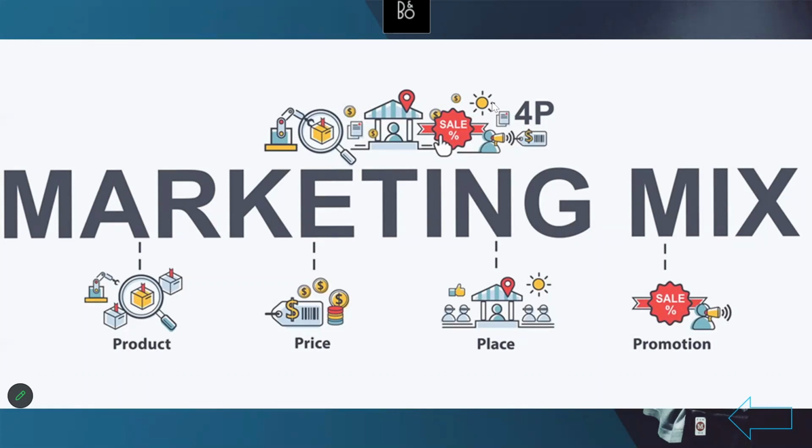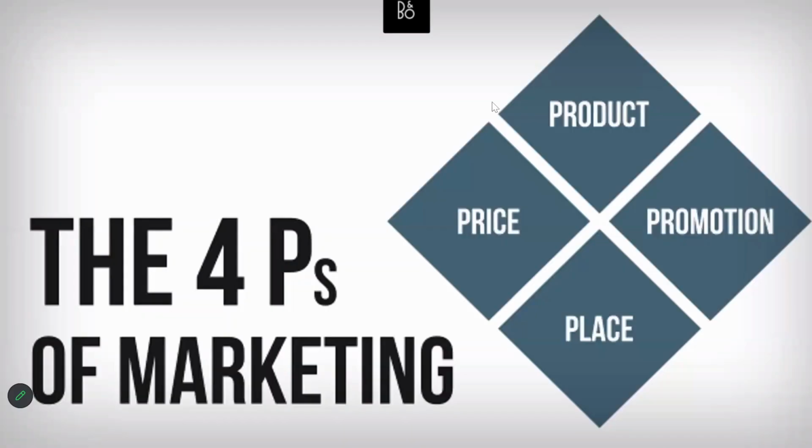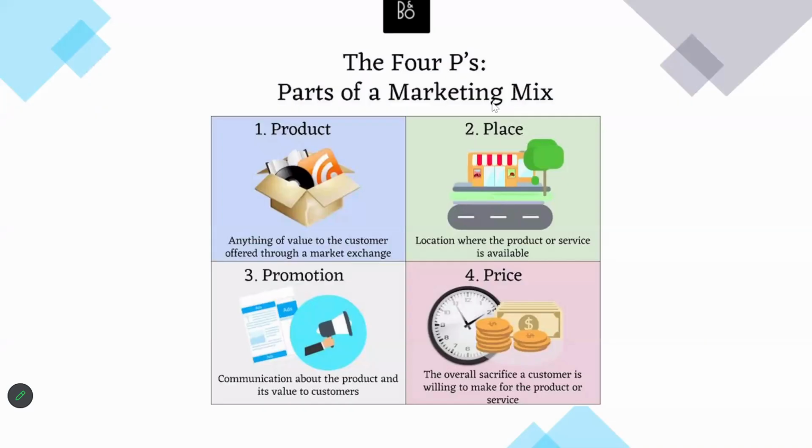So you have to explain the product elements, and the price you are going to set. Price means many things: discounts, free offers, credit terms. And you have to tell about the place, number 3, how you are going to deliver it. And number 4, promotion, how you are going to promote the product. All these things we discussed clearly in the class.